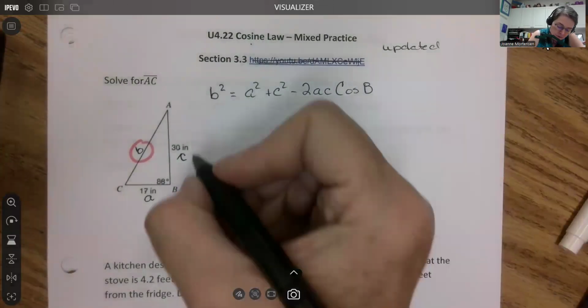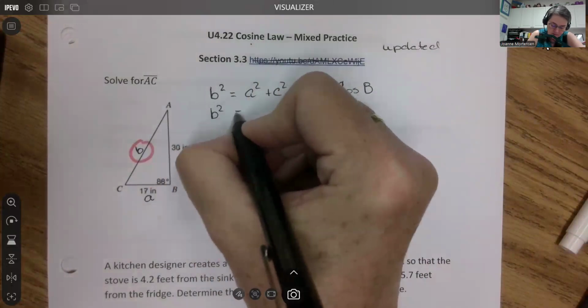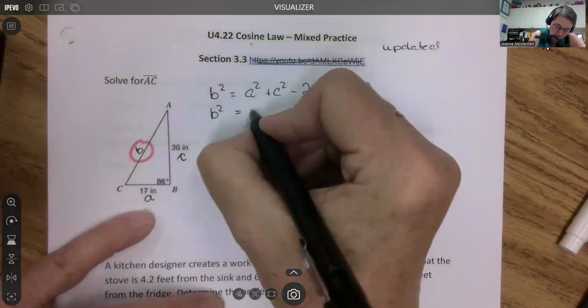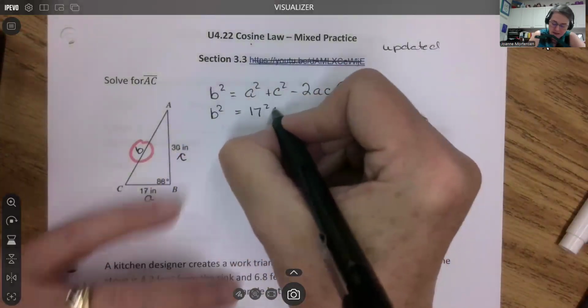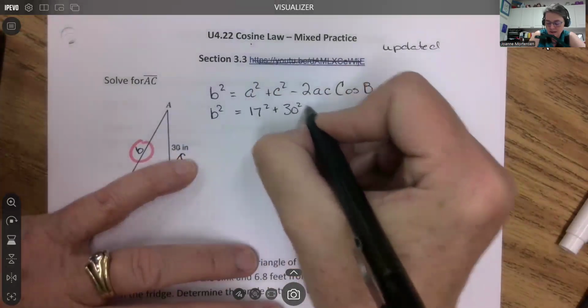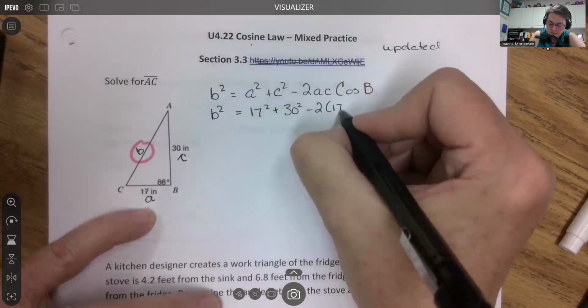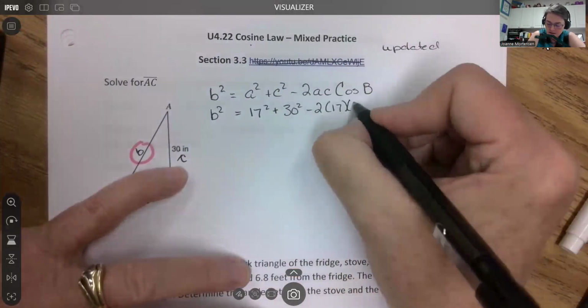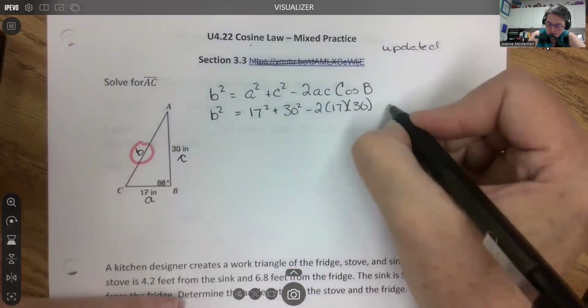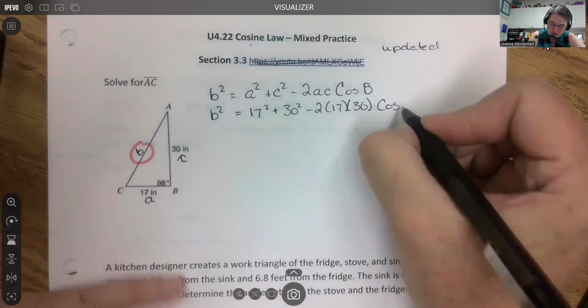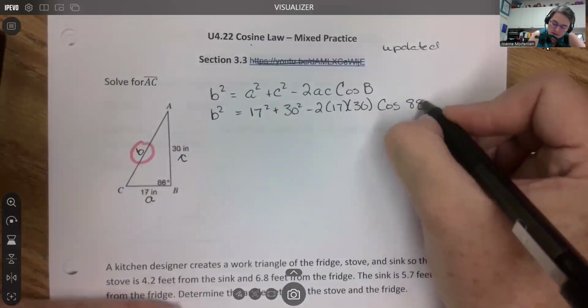Throw in our values: b squared is equal to a squared, which is 17 squared, plus 30 squared, minus 2 times a, which is 17, times c, which is 30, and then cos, and B is 88 degrees.